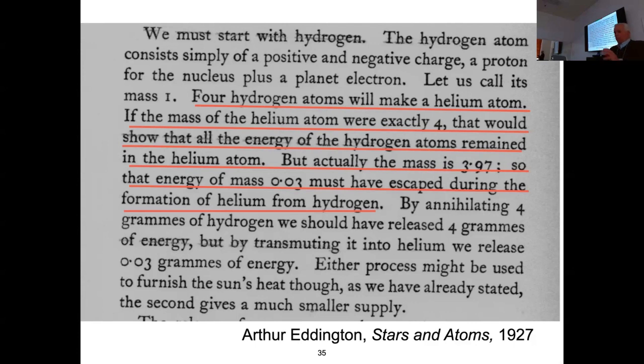And so he said 4 hydrogen atoms will make a helium atom. If the mass of the helium atom were exactly 4, that would show that all the energy of the hydrogen atoms remained in the helium atom. But actually the mass is 3.97. So the energy of mass, 0.03, must have escaped during the formation of helium from hydrogen. That was his insight.